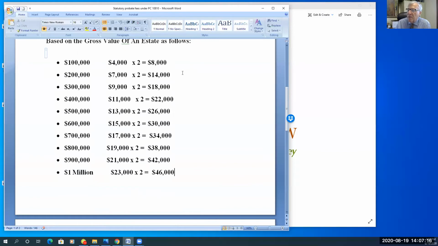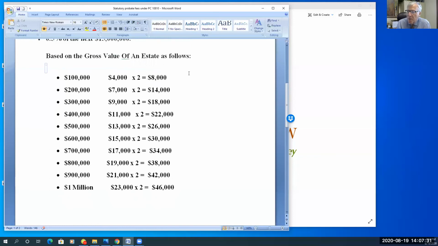Now there could be extraordinary fees which are paid hourly to the attorney and to the executor, which would also have to be approved by the court. And extraordinary fees would come up if there was litigation involved with the file.